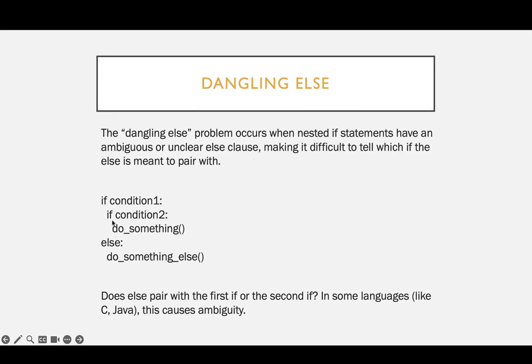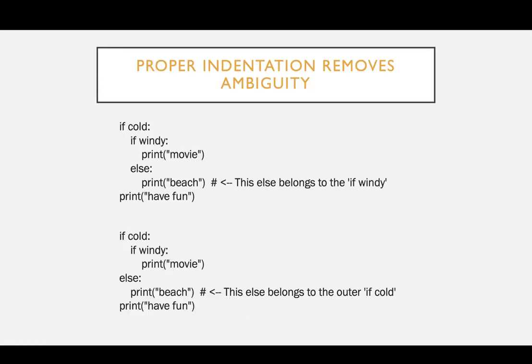Does this else pair with the first if or this second if? In some languages other than Python, this is going to cause ambiguity because we don't know which one this could be pairing with based upon that language's features. But in Python, this is done through the indentation.